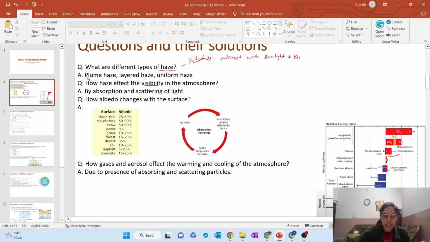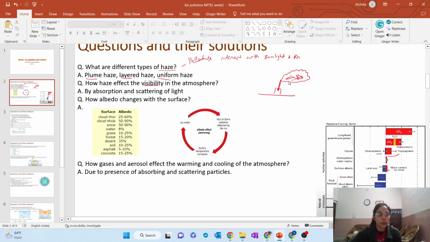So these are plume haze, layered haze and uniform haze. Now, as the term suggests itself, let's say there is a factory, okay, and it has a shaft. Sometimes when the particles are released from this shaft, they make this sort of plume structure, and the visibility is only reduced in this region, and the area outside of it is basically clear, right?